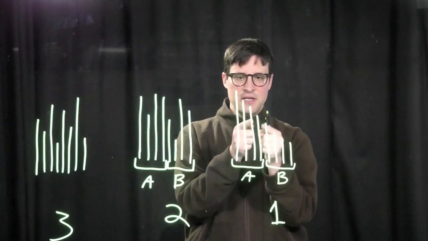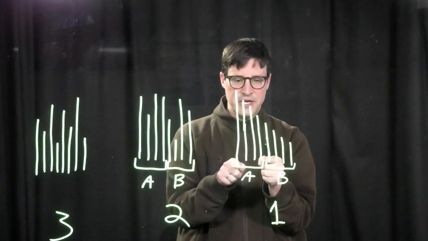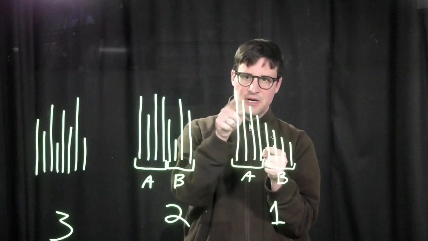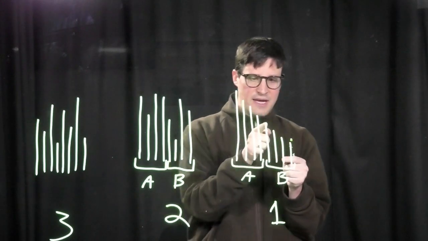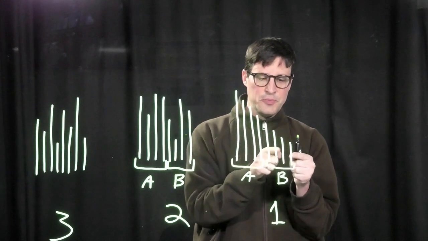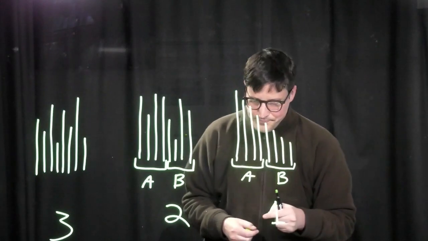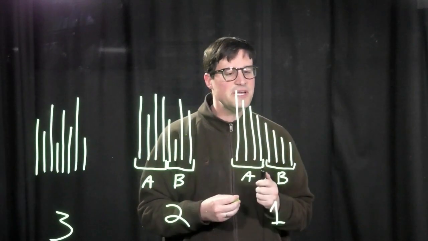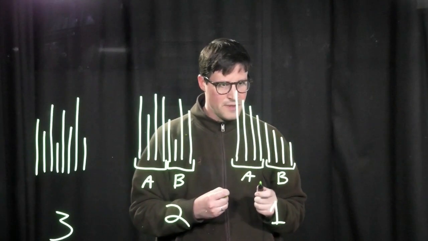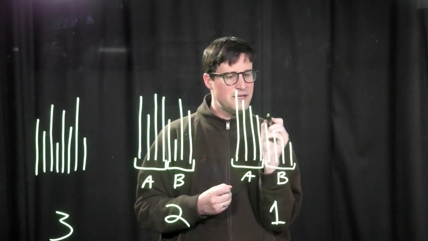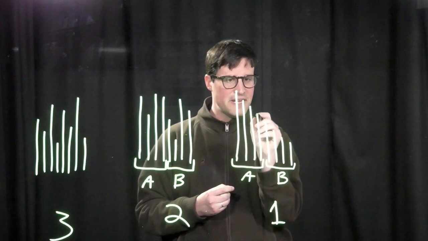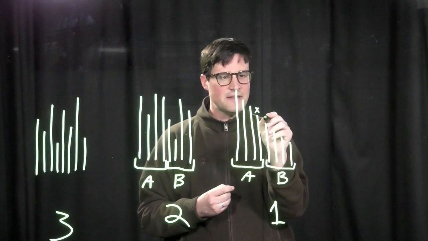So I'm talking the shortest line in group A, so the shortest of the longest lines, and the longest line in group B, so I'm talking the longest of the short lines. And they found something very interesting in comparing the sample's estimates of the length of this line and the length of this line.